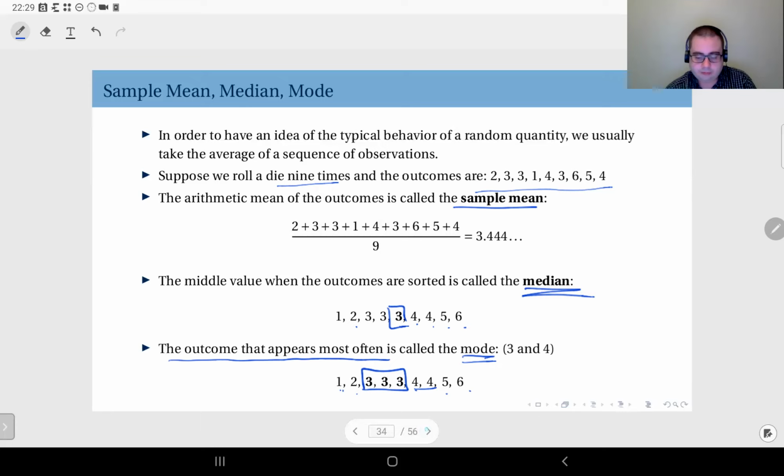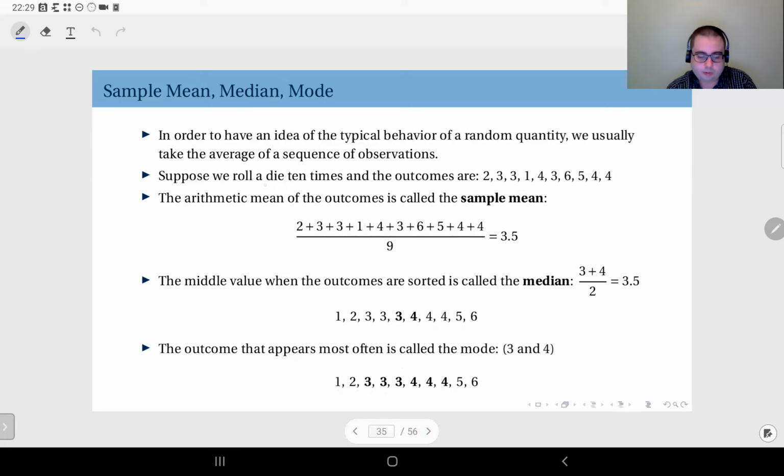So for instance, as a different scenario, let's say we roll the die 10 times and the outcomes are this. And these are the same, the first 9, but I have another 4 at the end. Now my sample mean is, again, add them all up, divide by not 9, obviously, but 10. And the result would be 3.5.